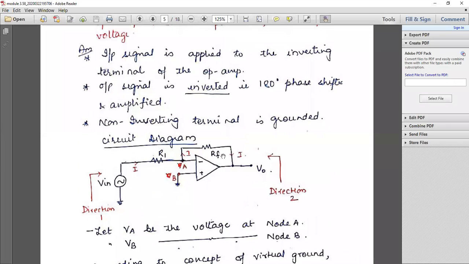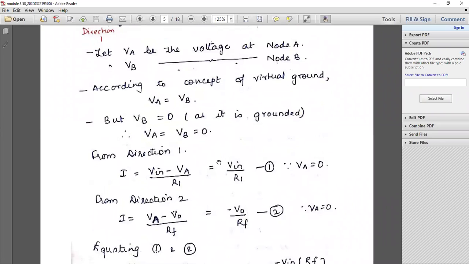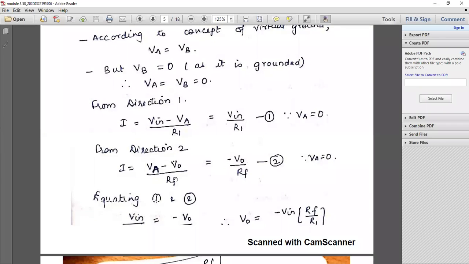The two voltages connected are V naught and VA, and the resistance in between is RF. So the difference of the voltages gives V naught minus VA by RF equal to I. We are not interested in the sign, so I equals VA minus V naught by RF.